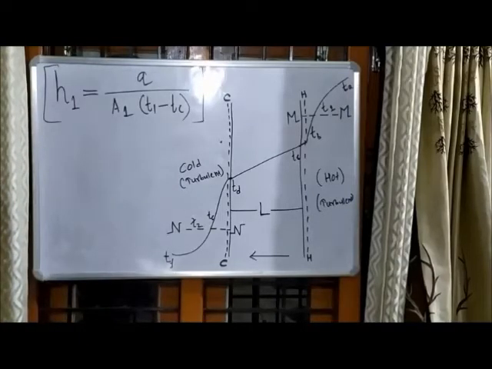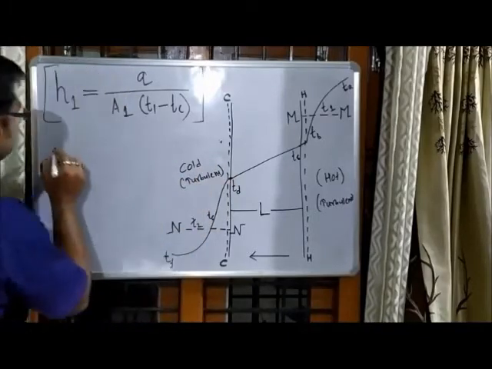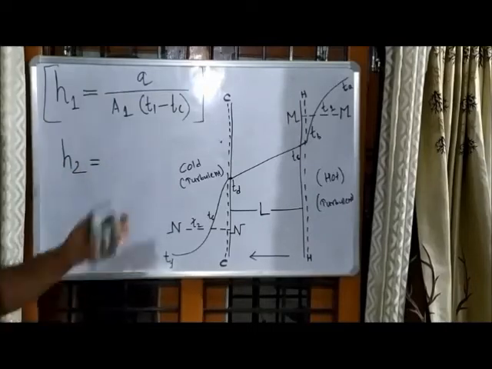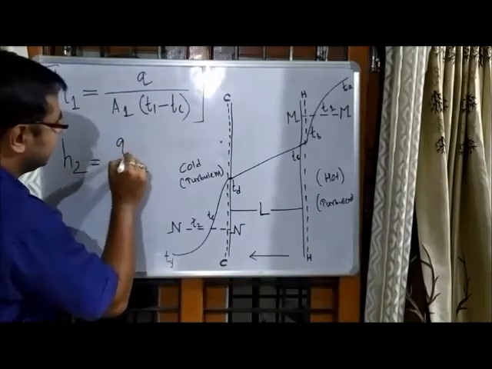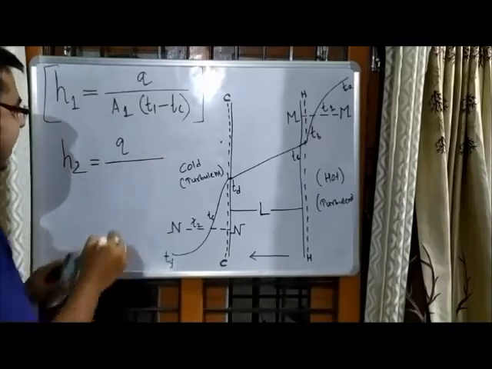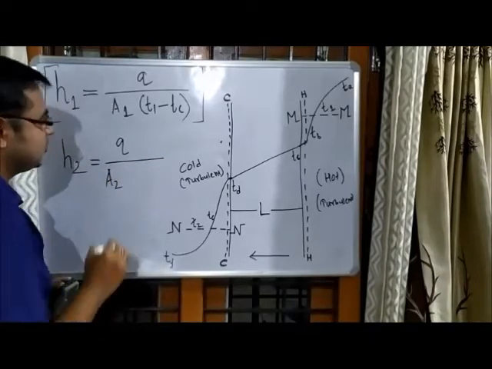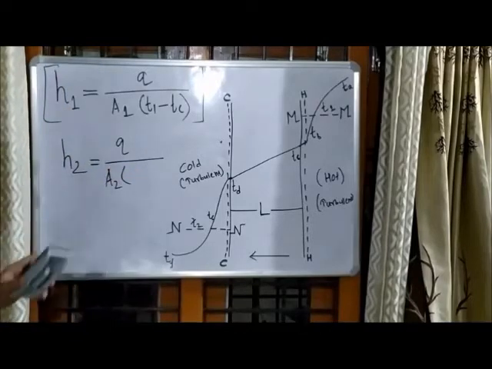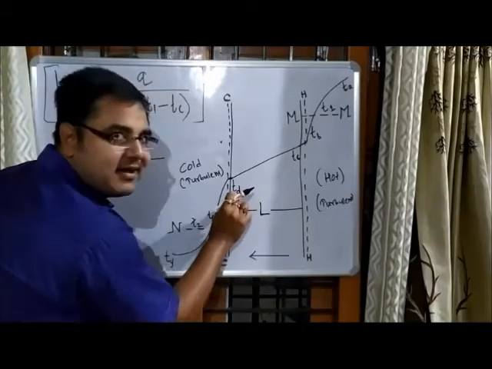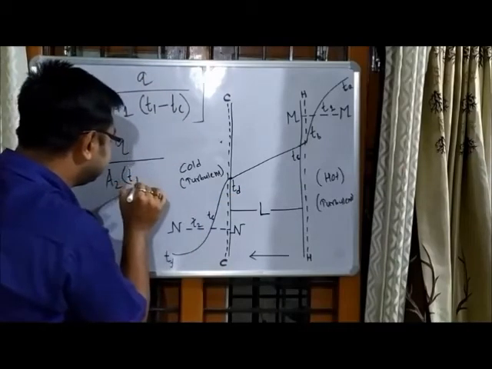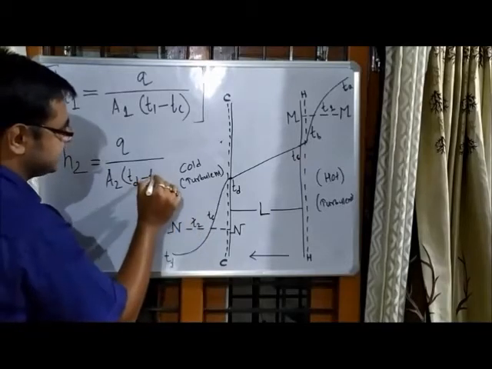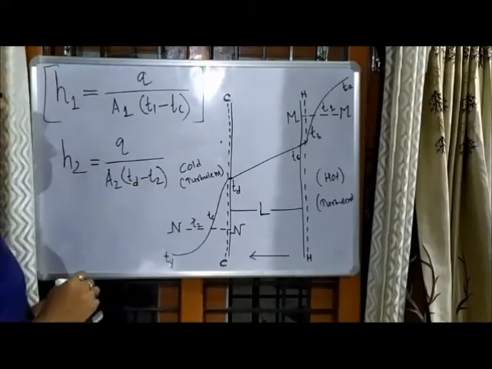Now let's discuss the film coefficient on the colder side. The film coefficient on this side can be simply written as H2 is equal to the amount of heat Q, divided by the area, which is A2. Now, what will be the temperature difference? This temperature is higher, so Tc minus this temperature T2, the average temperature on the colder side.